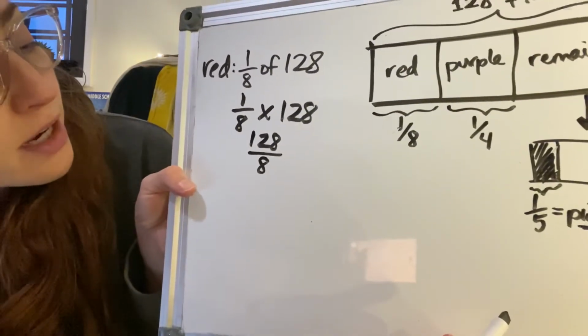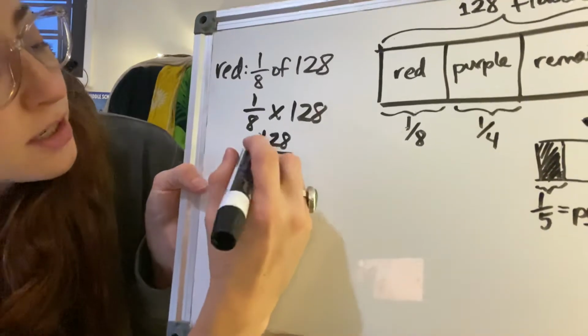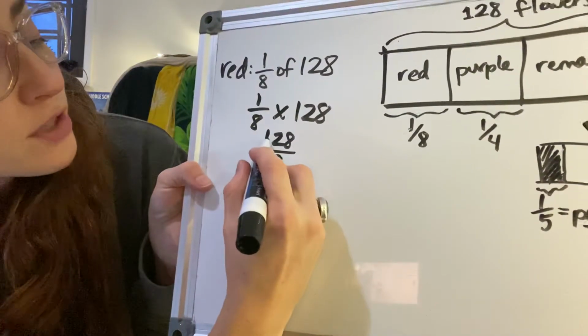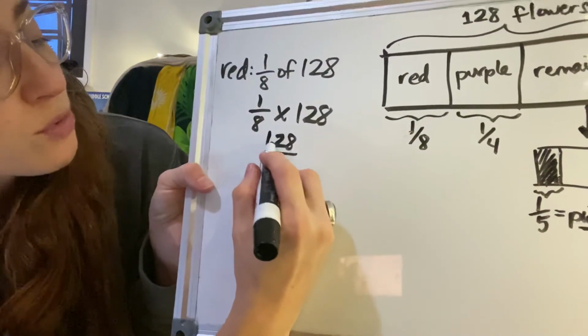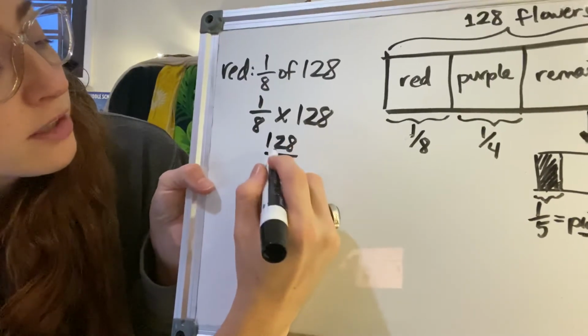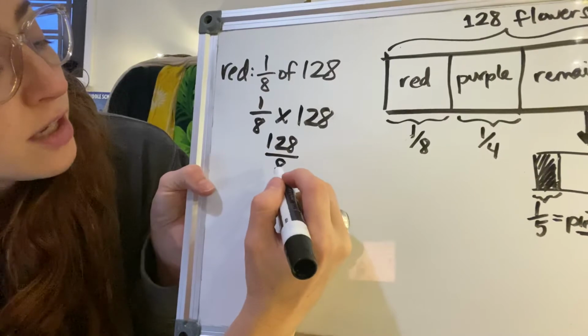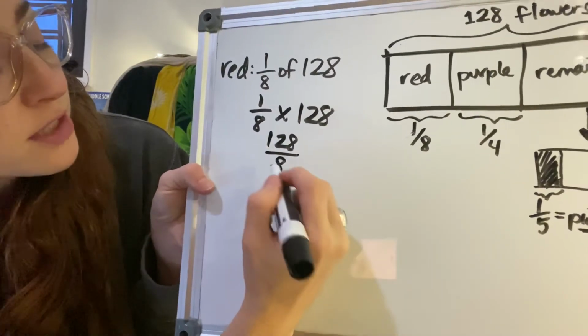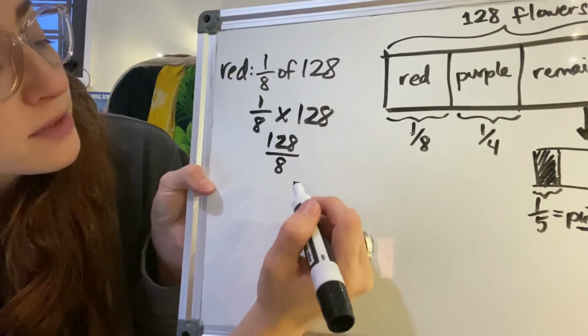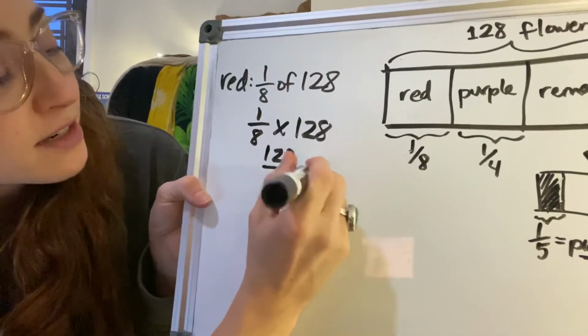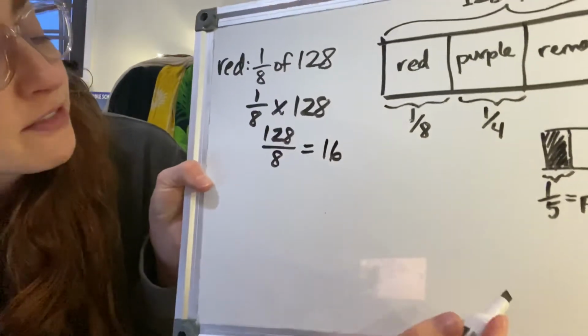I'm going to do it in my head real quick, but if you had to do long division, remember the 8 can't go into 1, it can go into 12 by 1. Good. Subtract, so it's 4, bring down the 8. So 8 goes into 48 6 times. So your answer is 16. 128 divided by 8 is 16.